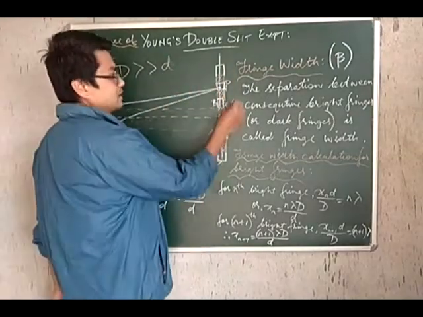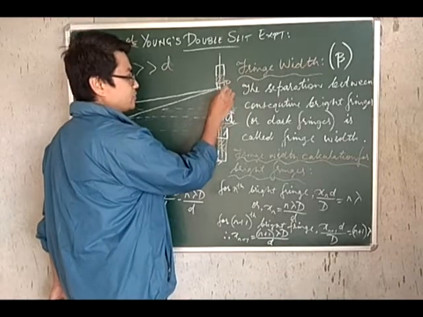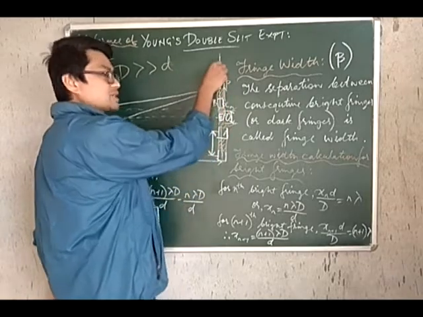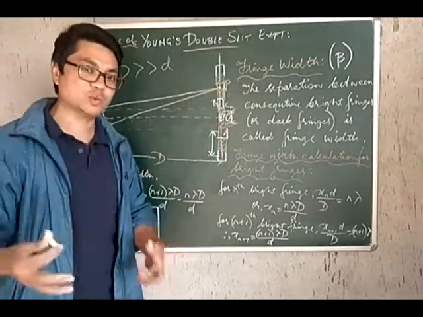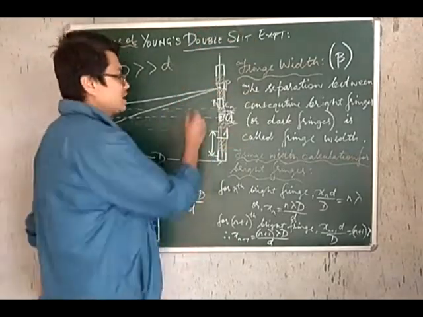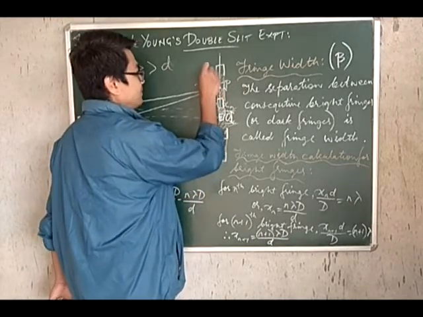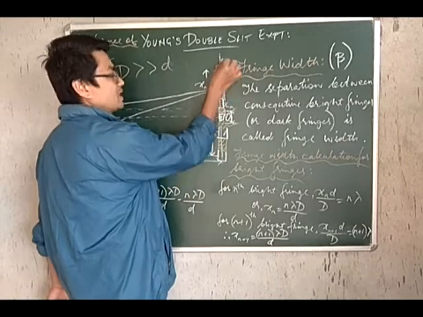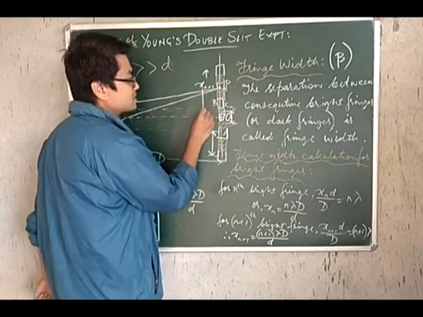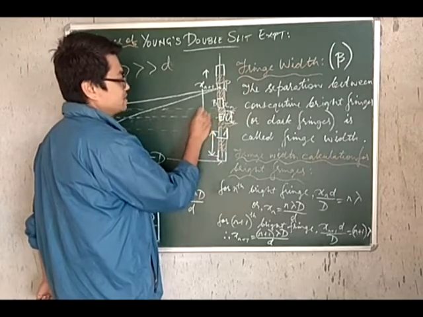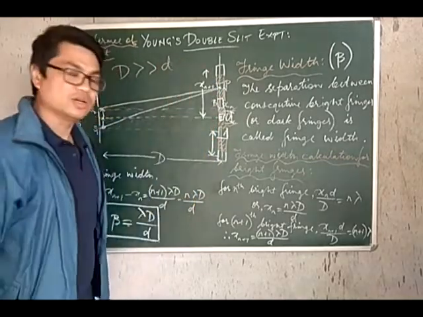We are saying the distance of the nth bright fringe from the central point O is xn. Now the distance of the n plus 1th bright fringe from point O will be more, of course. So that distance we are saying is xn plus 1. That is the distance of our n plus 1th bright fringe from our central point O. So here is our central point O. This distance is xn plus 1.